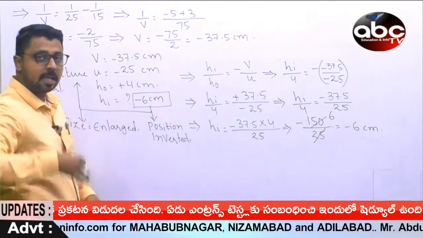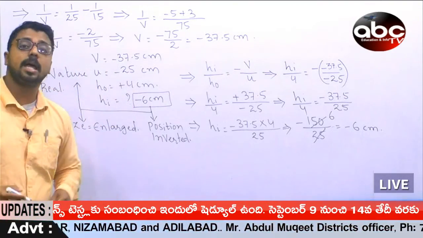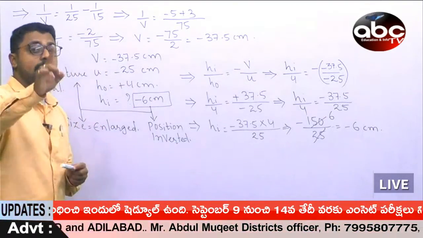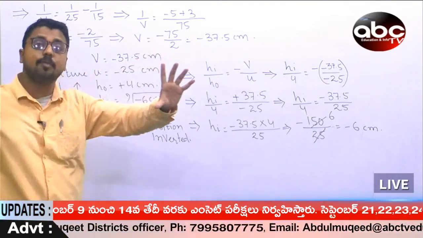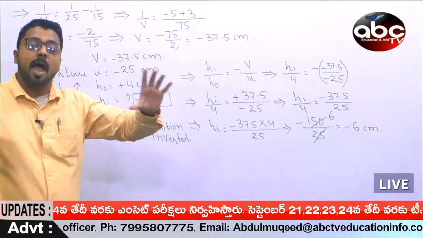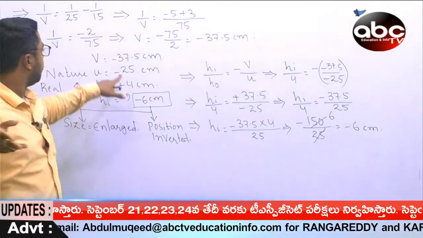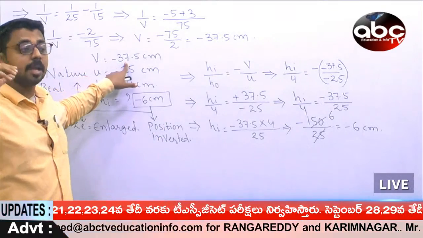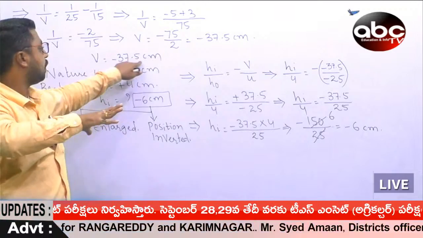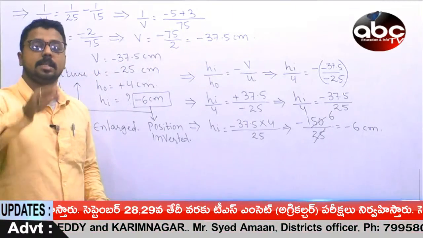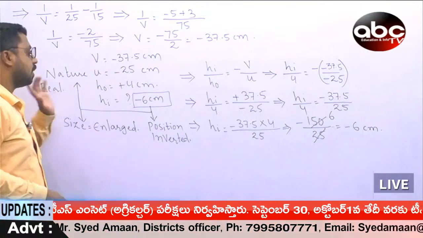You may think there is a chance it could be virtual. But remember one thing: when -37.5 comes in front of a concave mirror, how can you assume that the image is formed behind the mirror? It clearly represents 37.5 centimeters in front of the mirror, so with the help of this value you cannot imagine that it's formed behind. So the nature is clearly a real image.